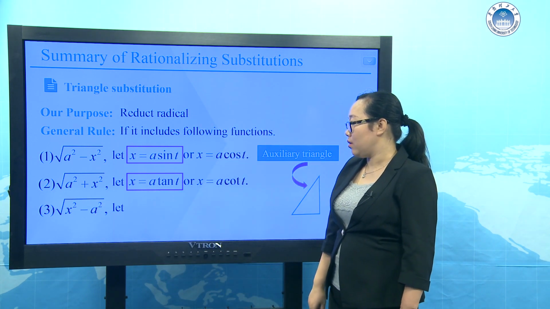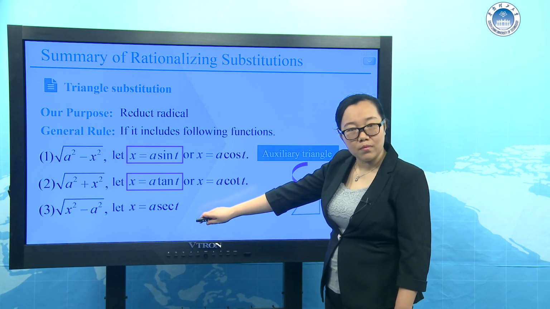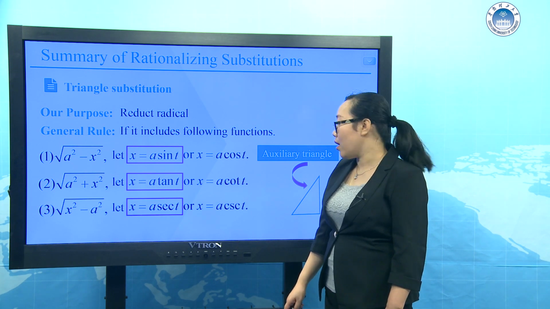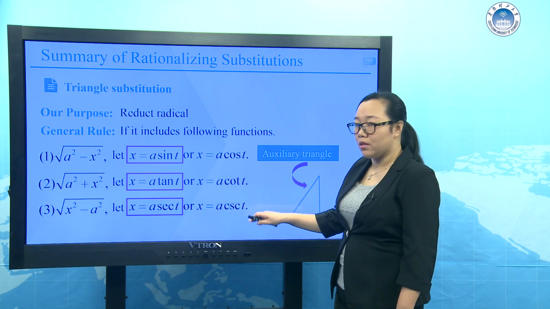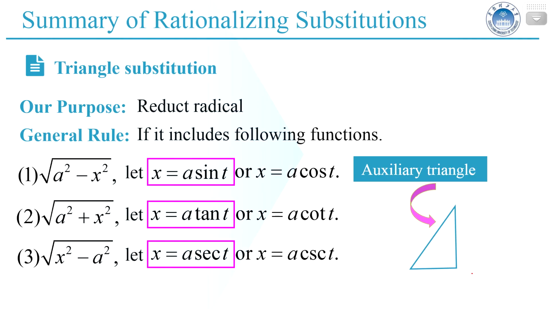We can write x equals a secant t, and then maybe we can write x equals a cosecant t. Try to understand the 3 cases. Our purpose is to reduce the radical.